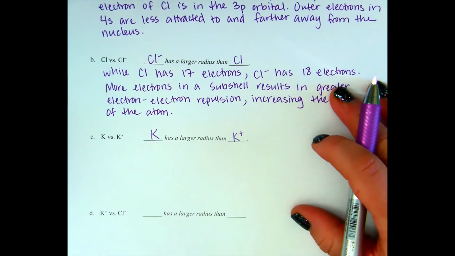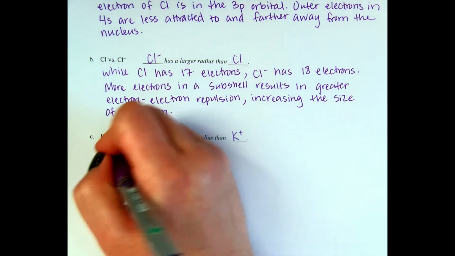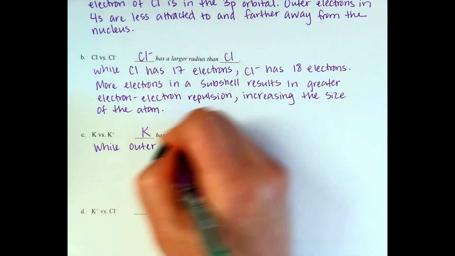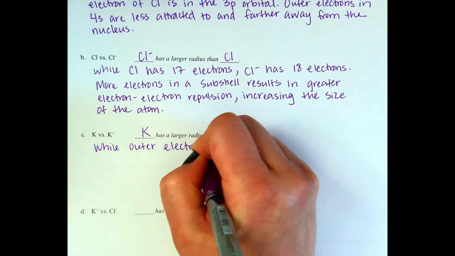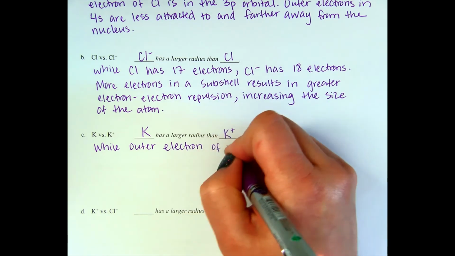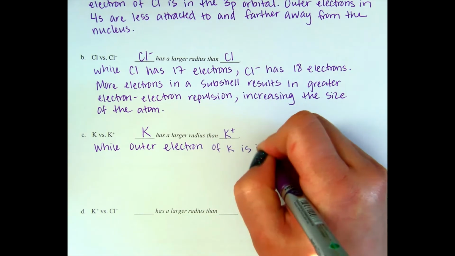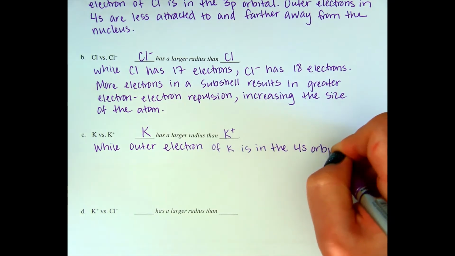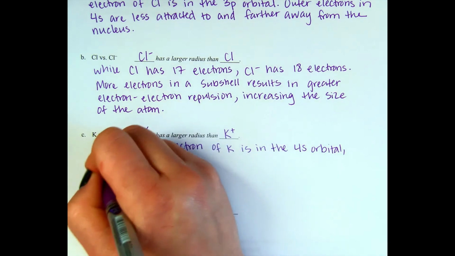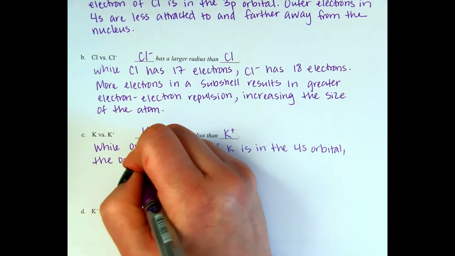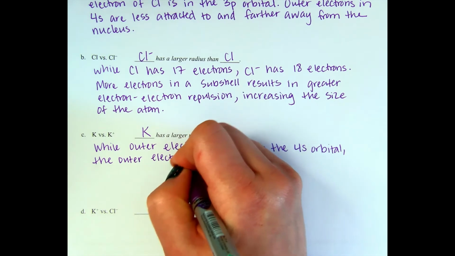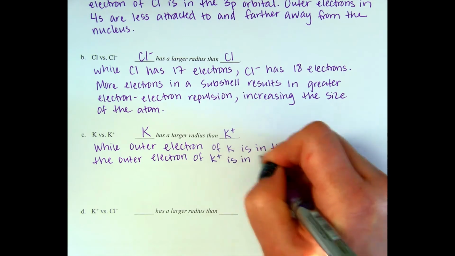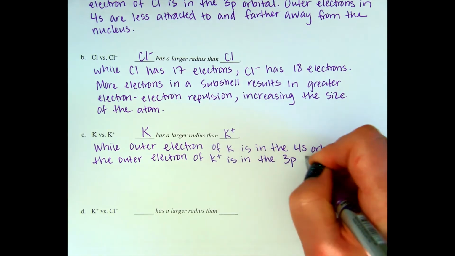So, while the outer electron of potassium is in the 4s orbital, the outer electron of the potassium ion is in the 3p orbital.